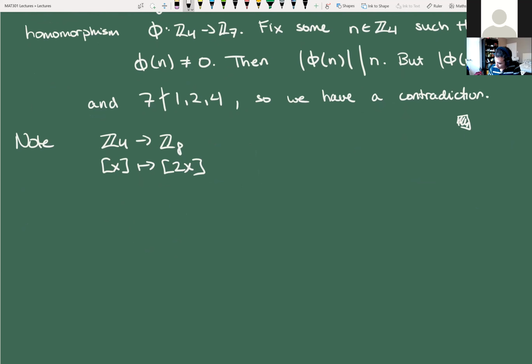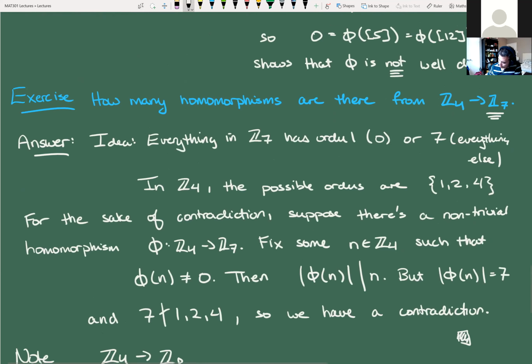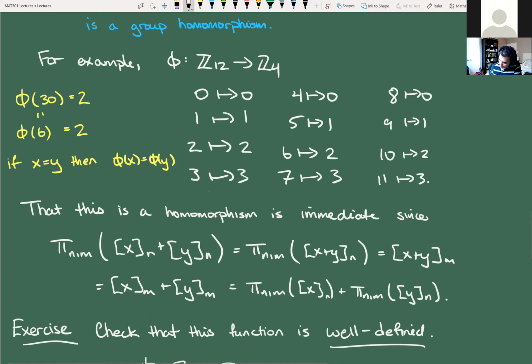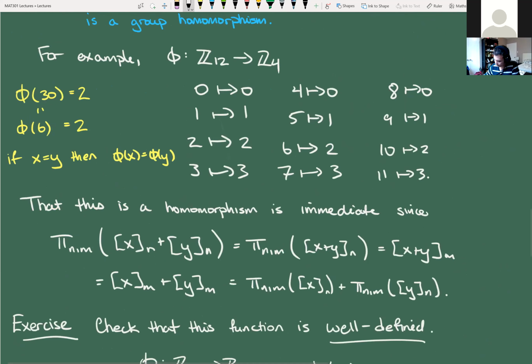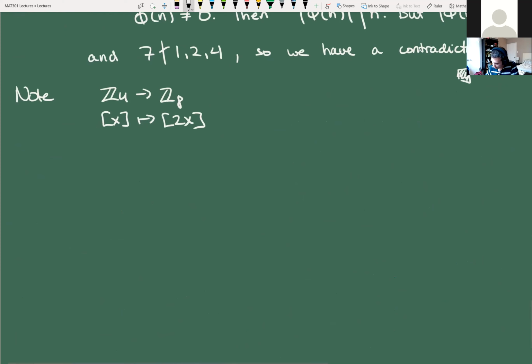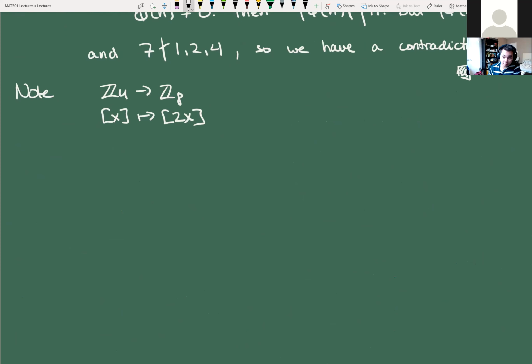So above, we said that we can always map downwards, right? That's what this example says. It says I can always map from a big number to a smaller number which divides it, like Z12 to Z4. It turns out if n divides m, which is the opposite of this case, there is also a group homomorphism in the other direction. All right, so exercise, like in this case, Z4 to Z8.